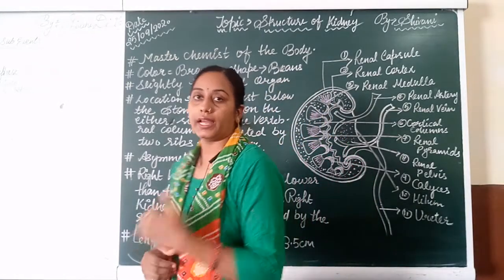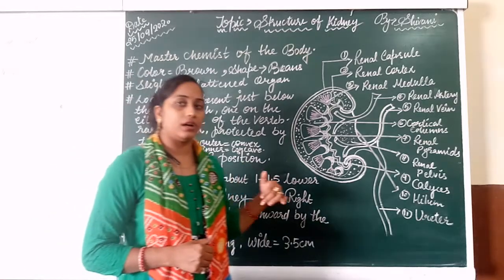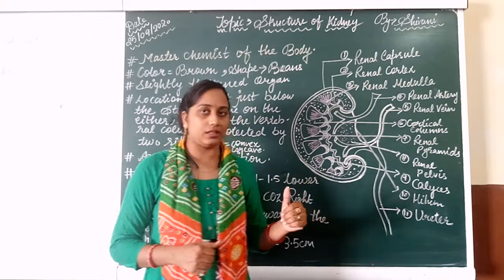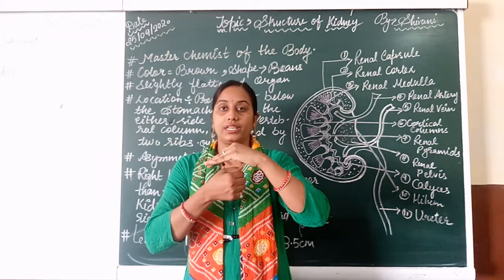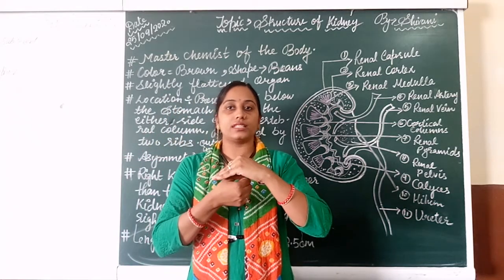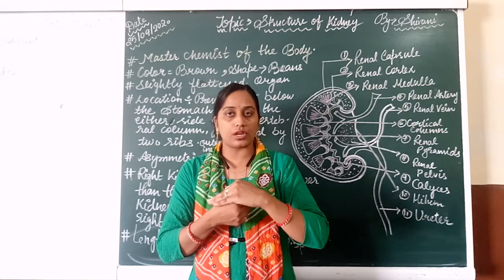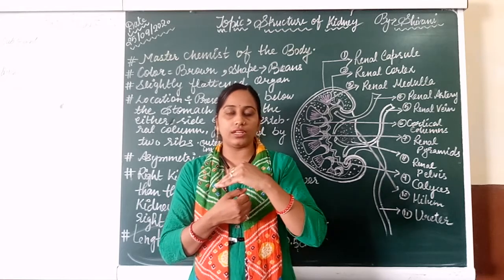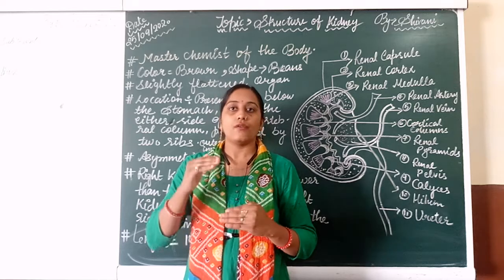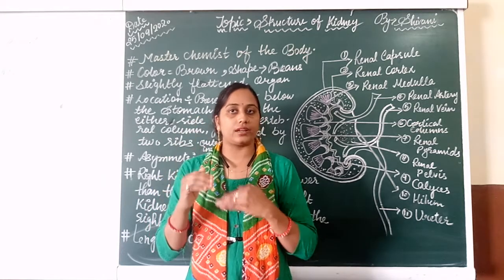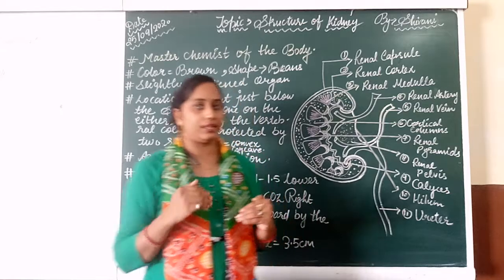You know that on the right side the liver lobe is present in our body. That is why their positions are different.